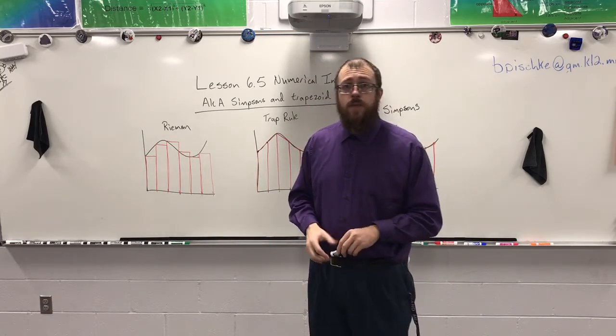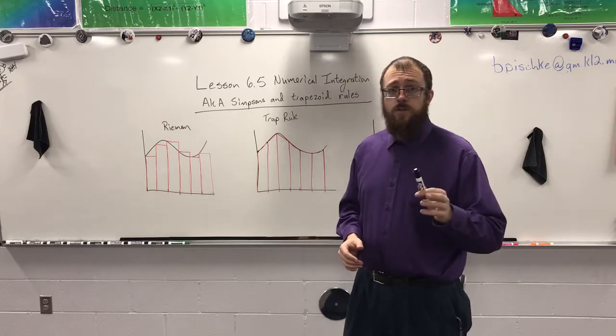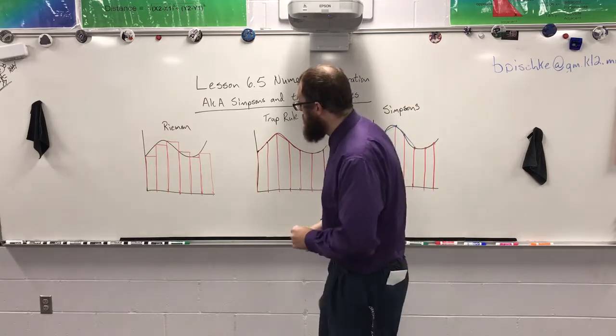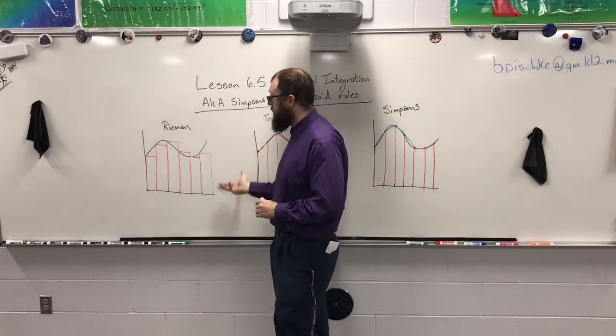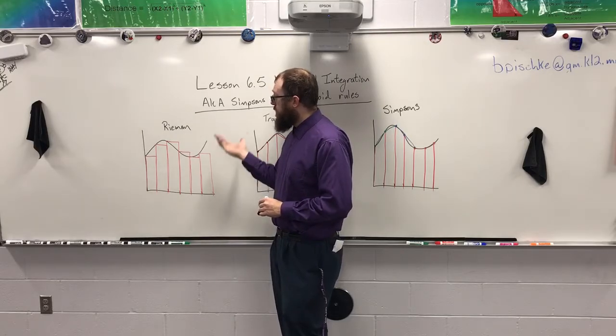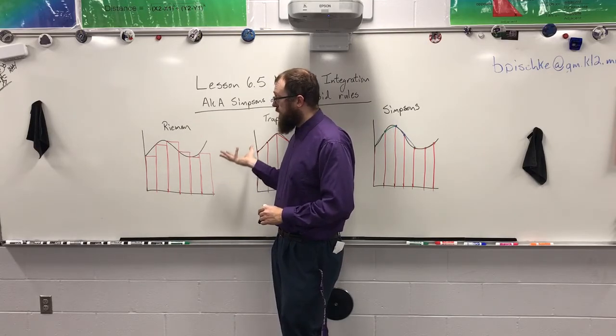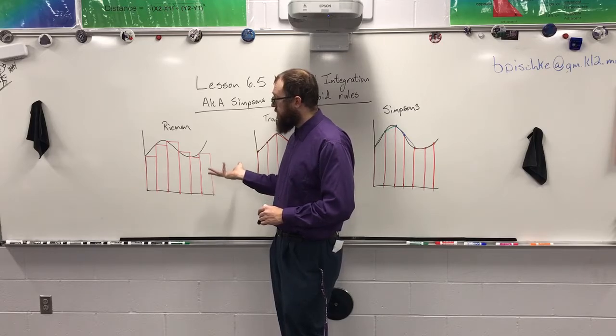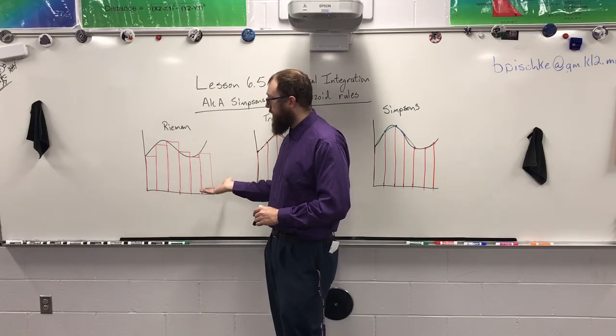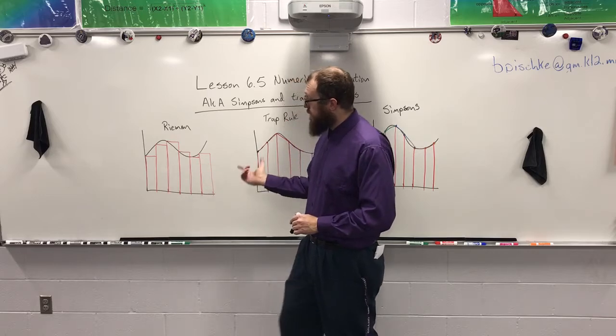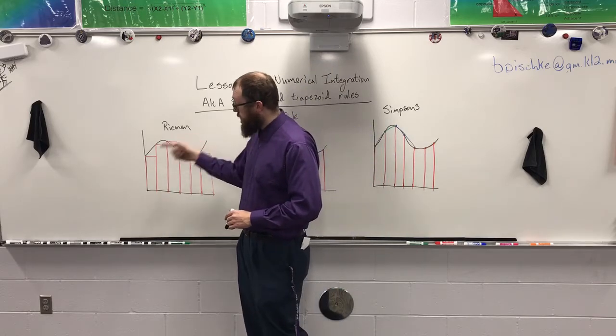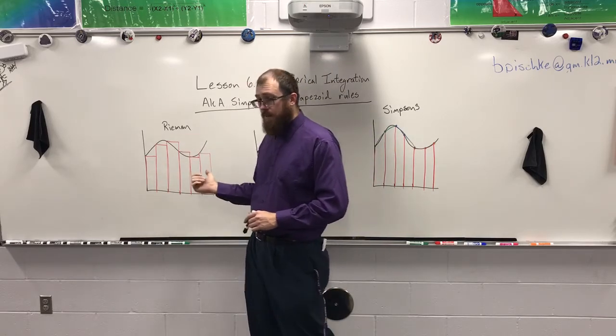Okay, so just to take you on a quick walk down memory lane, we talked about Riemann sums a little bit the other day. Riemann was just a guy, and his formula allowed us to create the area under a curve by taking a bunch of rectangles that were connected on either the left side or the right side. It didn't matter.